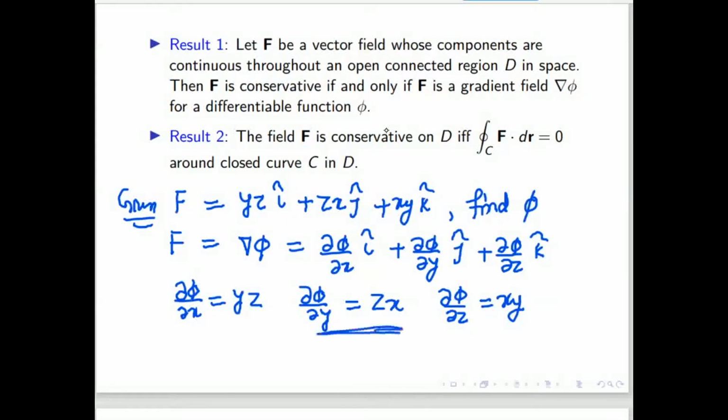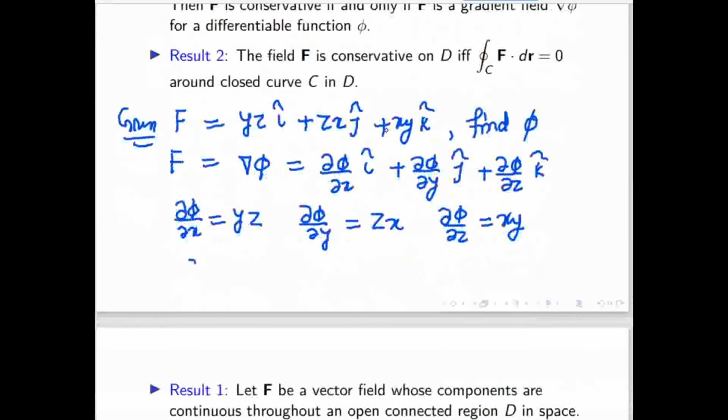Here we have to integrate this with respect to y, and this one with respect to z. So what is the integration of this with respect to x? xyz, plus some constant of integration will also come. So phi will come xyz. So what will be the constant of integration?